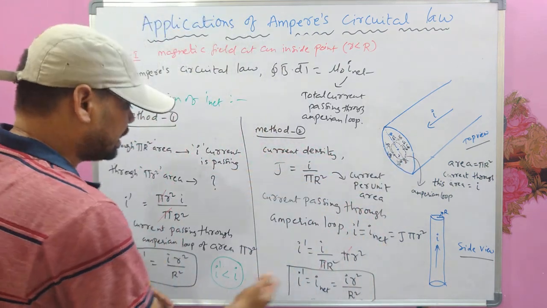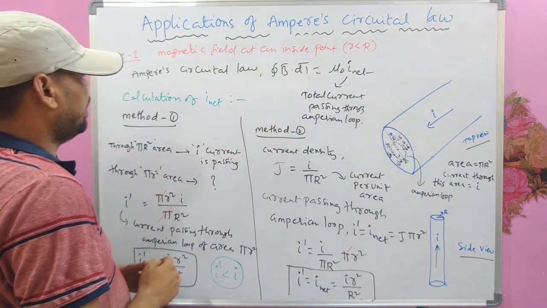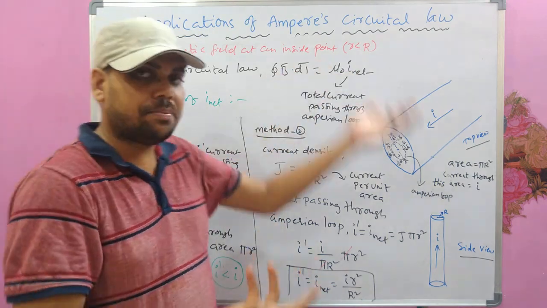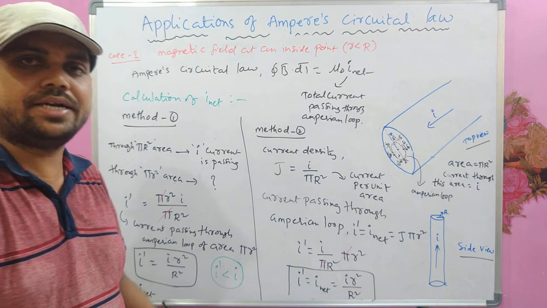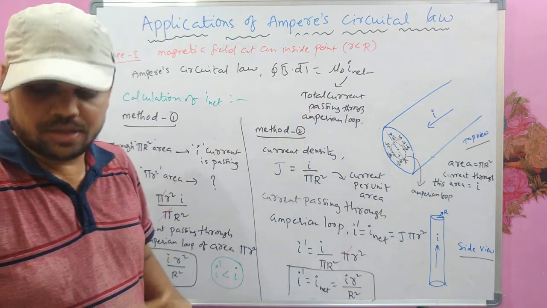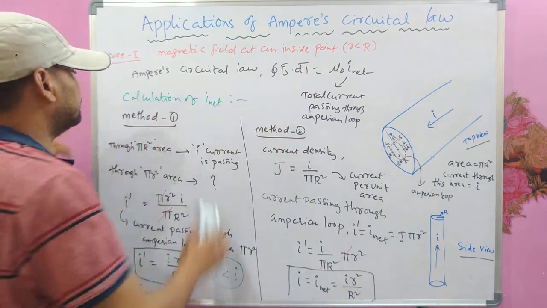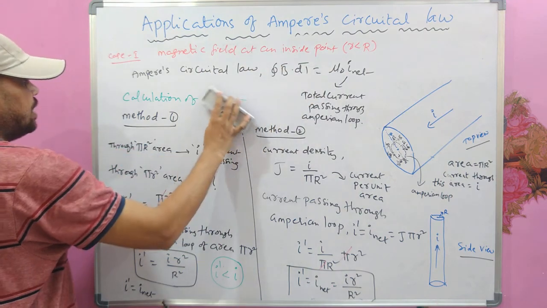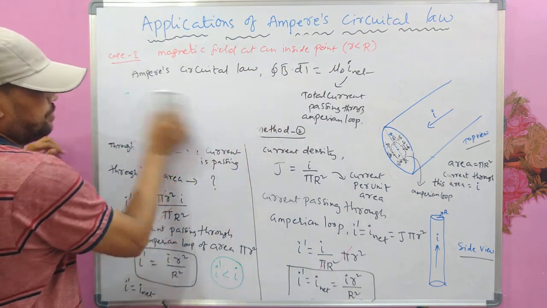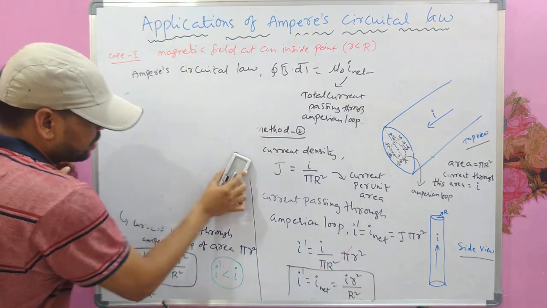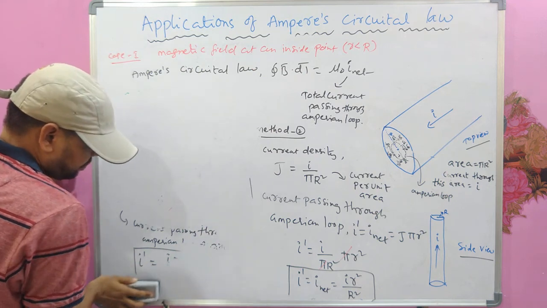So now we know what is I net, and we also know integral B dot dl, which we have calculated as B into 2 pi r. So substitute them in the original Ampere circuital law.